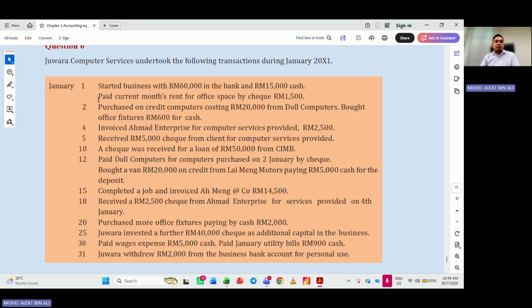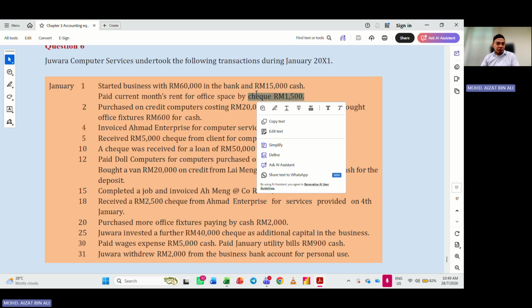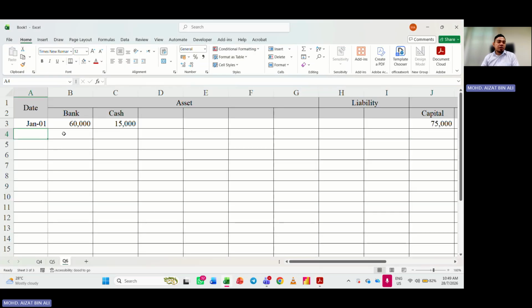Okay, next. Also, on the same date, Juara paid current month's office rent for office space by check, 1,500 ringgit. Check will affect our bank account. When we make the check payment, it will reduce our bank balance. So 1st January, the bank balance will be reduced by 1,500 ringgit, and this is for the payment of office rent.